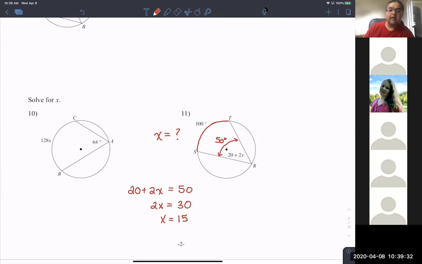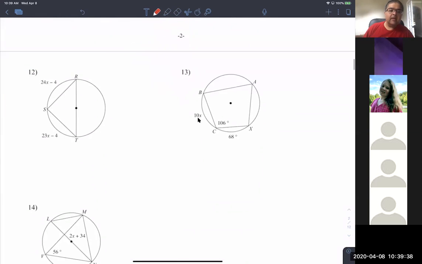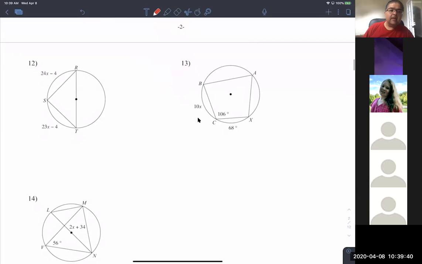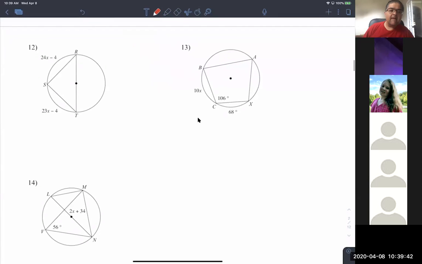Okay. All right. Let's do number 12. Solve for x.